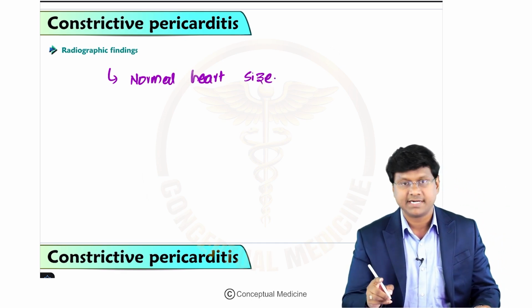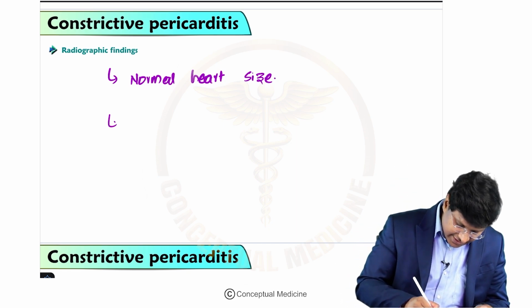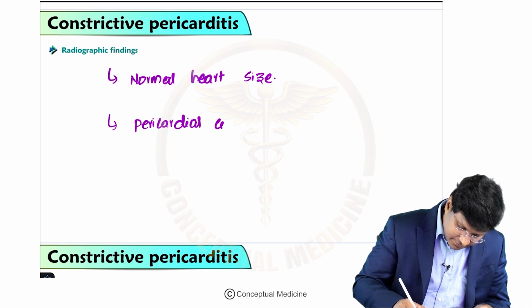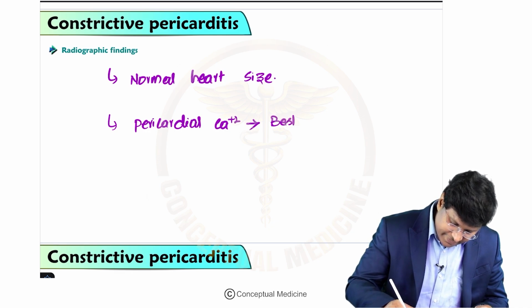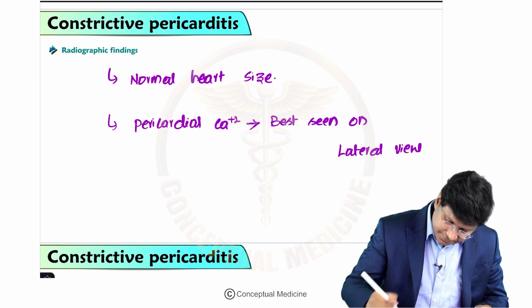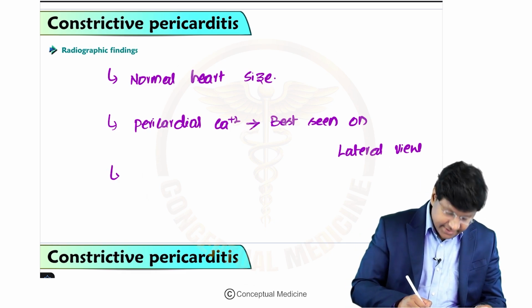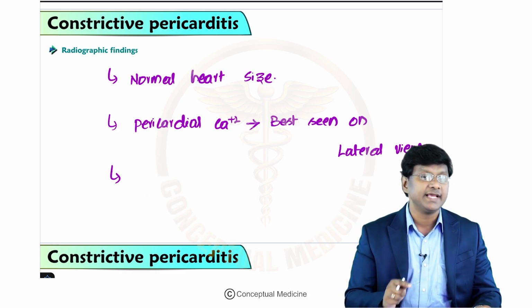And pericardial calcification, I said you will observe, but this pericardial calcification is best seen on the lateral view. It rarely involves the LV apex, and findings of calcification at the LV apex are more consistent with the LV aneurysm.